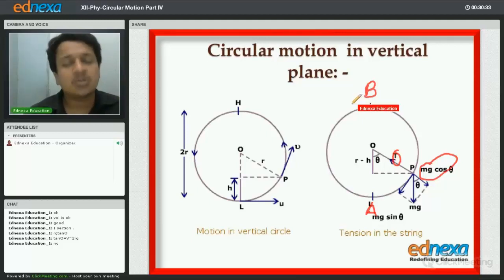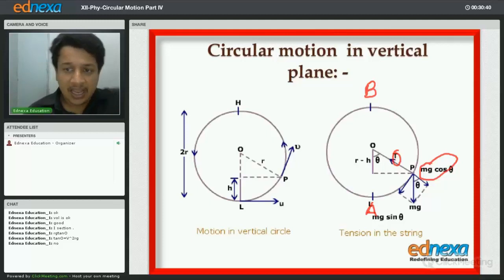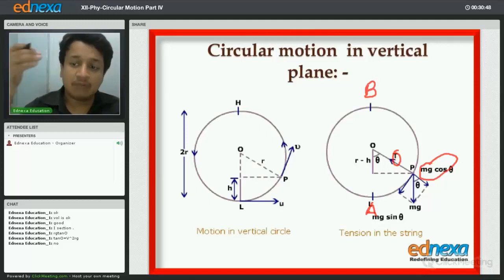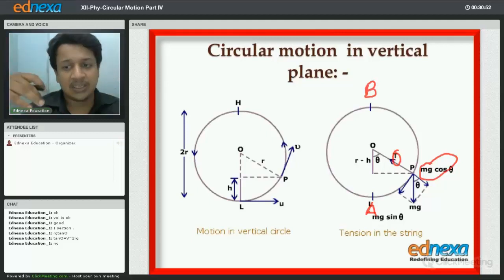Because tension is also dependent upon the value of the mg cos theta component. As theta increases more and more, the value of cos theta will decrease, and as a result mg cos theta will decrease, and as a result tension will also decrease.